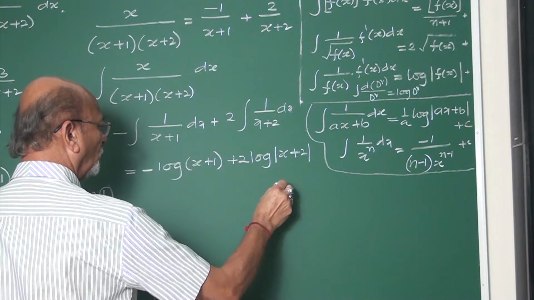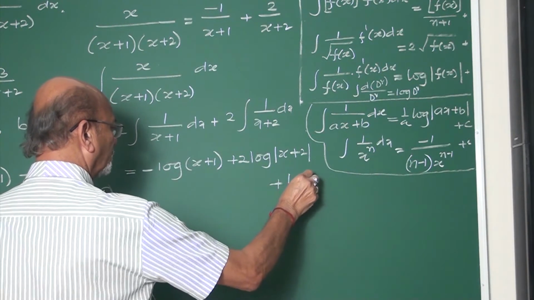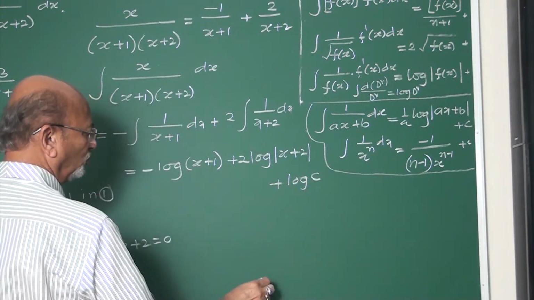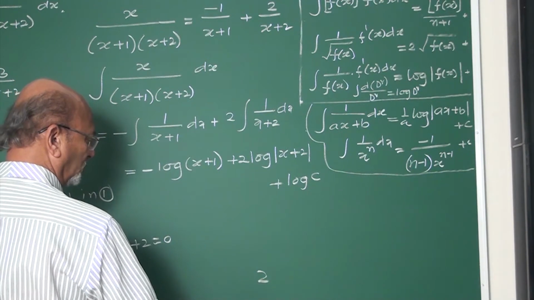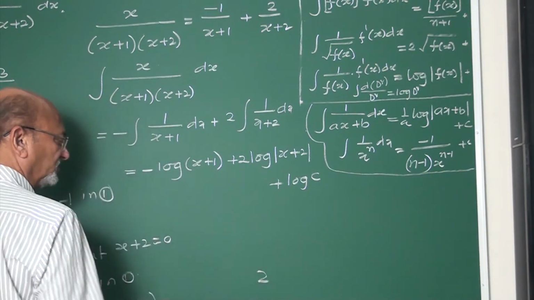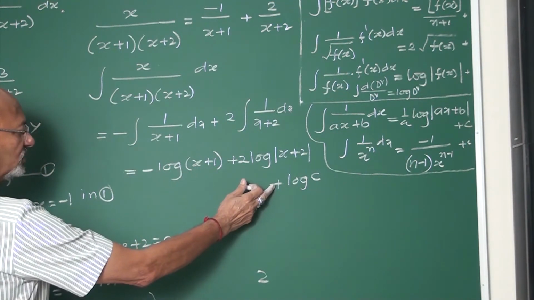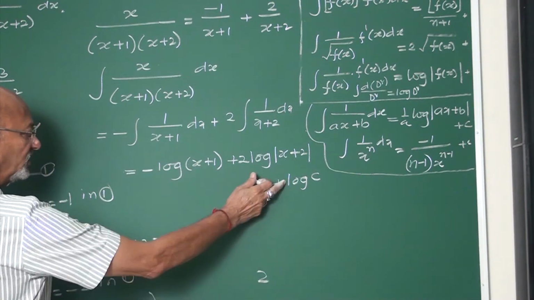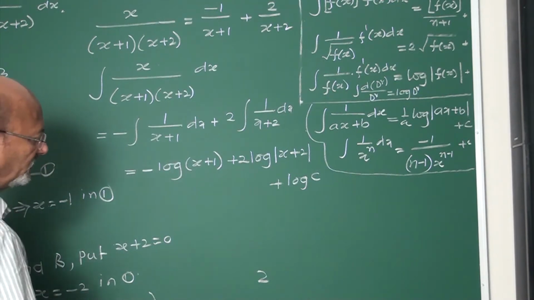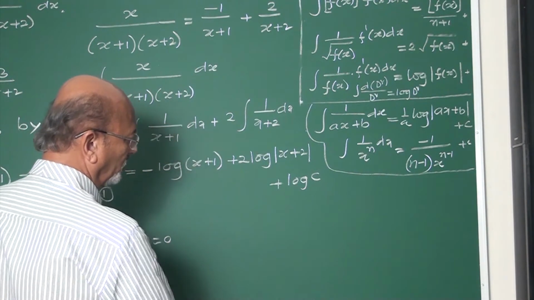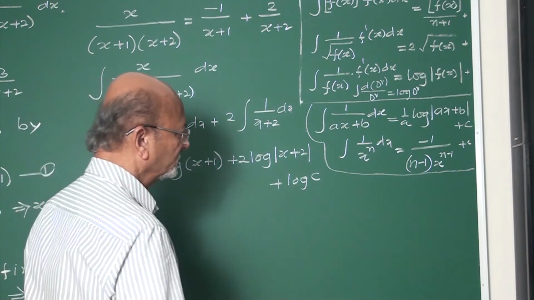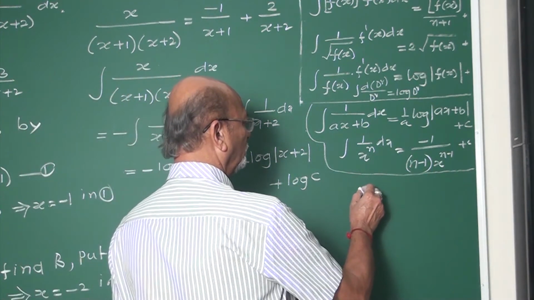Plus, when both are log, what do you take? Log c, constant. 2 is a constant, even log 2 is also a constant. Is it correct? When both are log, instead of only c, you take log of c. Simplify by making use of the property of logarithms. My friends, I told this. What did I tell?